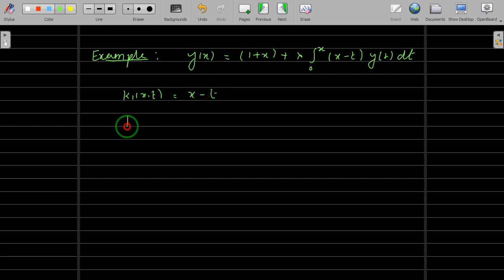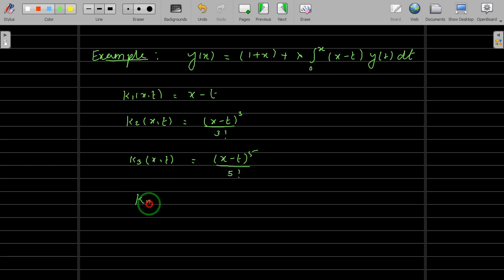You will get k2 of x, t as x minus t the whole cube upon 3 factorial. You will get k3 of x comma t as x minus t raised to 5 divided by 5 factorial. Likewise you can find k4, k5 and so on, and you generalize.